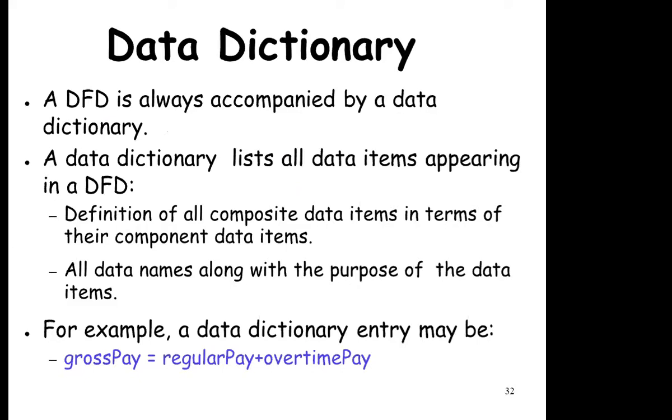So it is a data dictionary or metadata where all the data of your DFD is accompanied. It lists all the items that appear in a DFD. It also gives definitions of all the data items in your DFD, which can be elementary or composite, so you can see what the composite data items are.